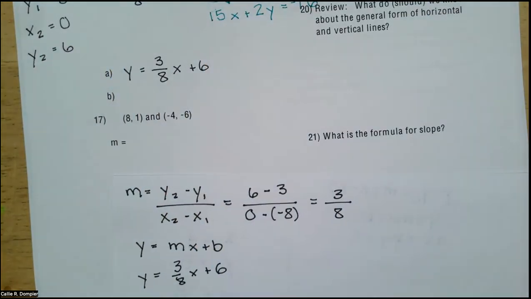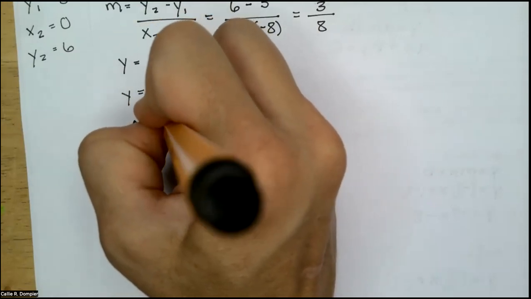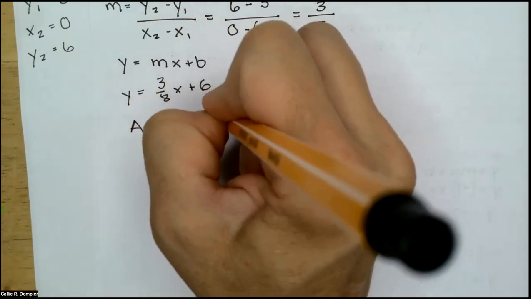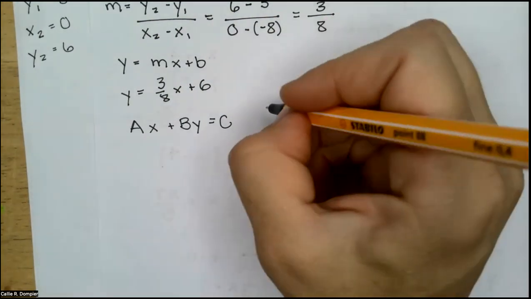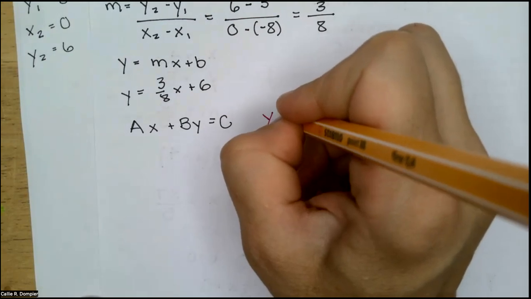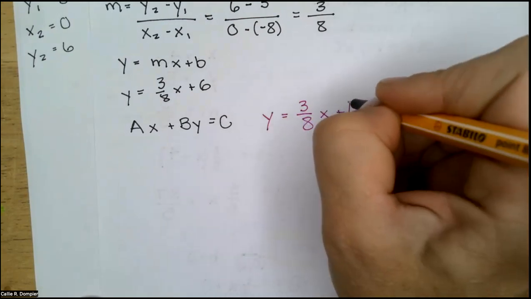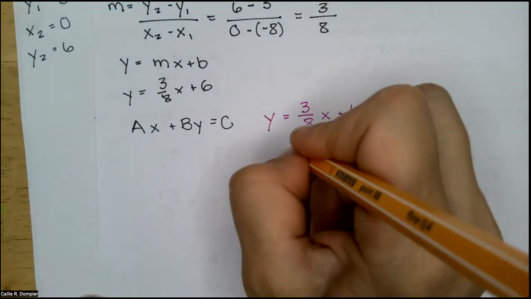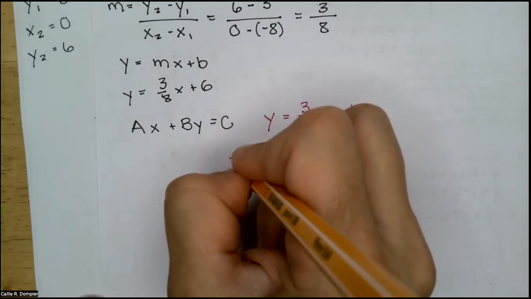And then if I want to put that into standard form, ax plus by equals c, right? But I'm starting with y equals 3/8 x plus 6. I need to move that 3/8 x over, so I'm going to subtract it from both sides.